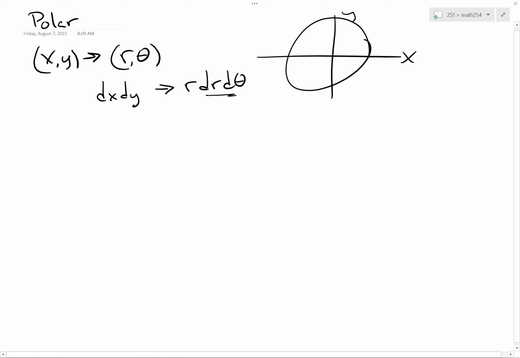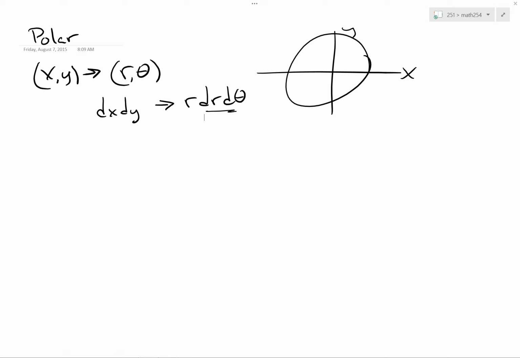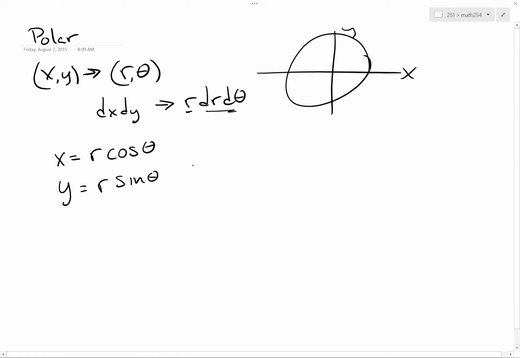Now, where does this r come from? I explained it one way, but we showed it the other day in class. x is equal to some function of r and theta, and y is also equal to some function of r and theta. So the Jacobian determinant, by the way, always positive, is given by this determinant.